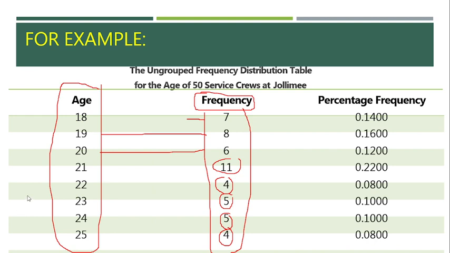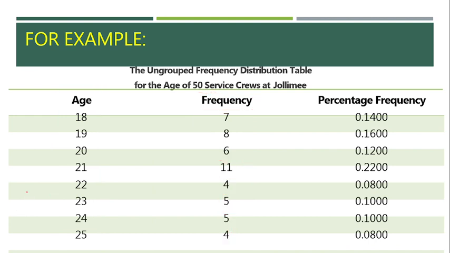Alright. So how about this percentage frequency? When we are dealing with percentage, let's go back to the lower level. I don't know if you still remember this one. When we are dealing with percentage, there are two things to remember in getting the percentage. This is information that you could find from the elementary days, which we have rate and base, correct?